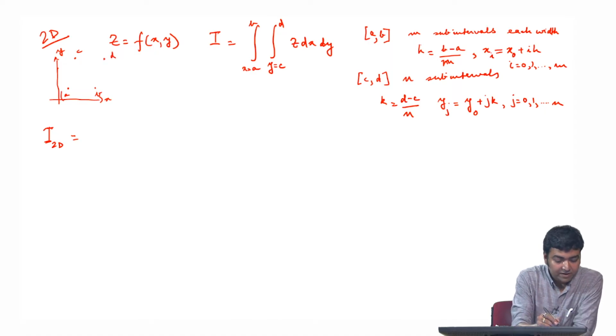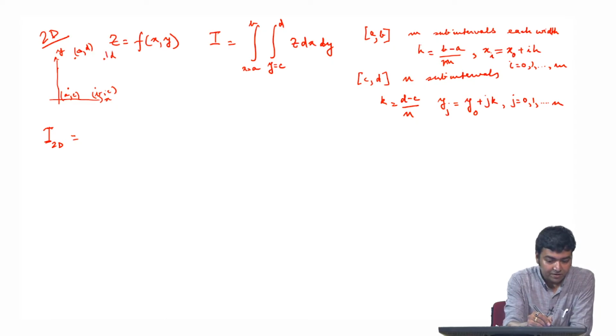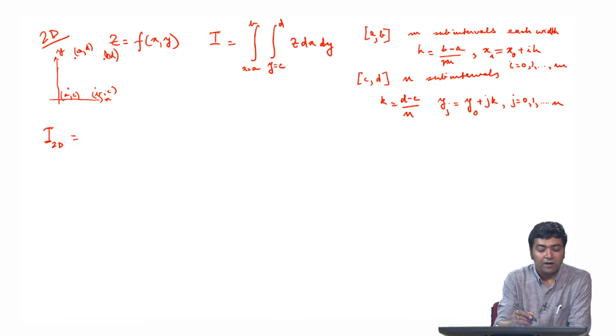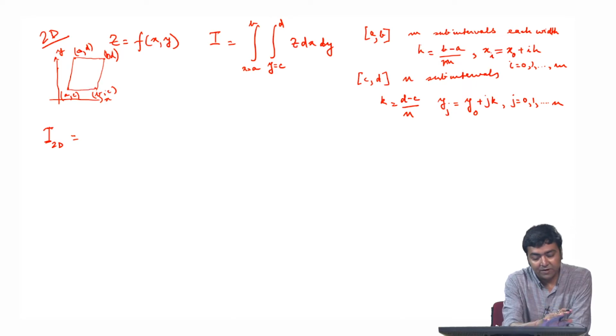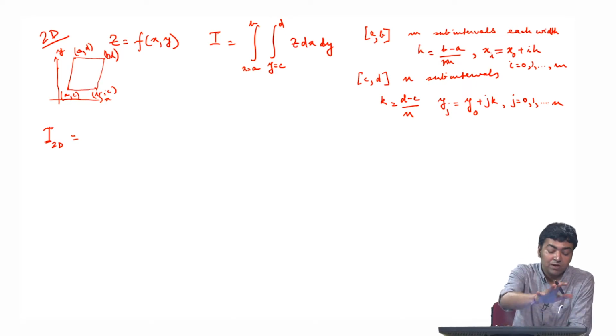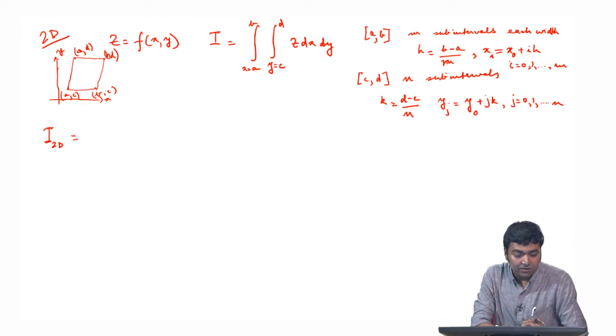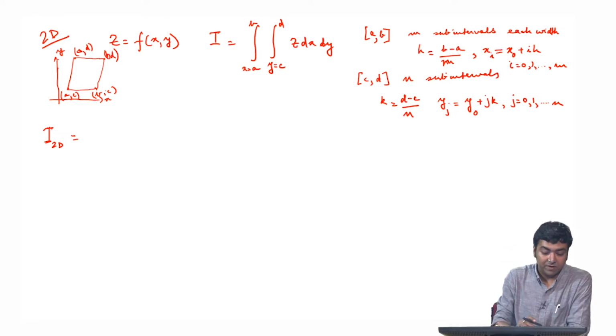So, the coordinate of this point is (A, C), the coordinate of this point is (B, C), the coordinate of this point is (A, D), and the coordinate of this point one can write as (B, D). And so, I have a trapezium in the base in the xy plane, and I want to compute now the volume of this trapezium. So, z is perpendicular to this plane.